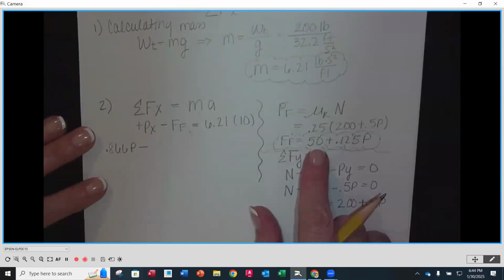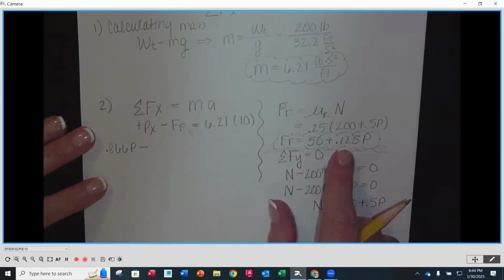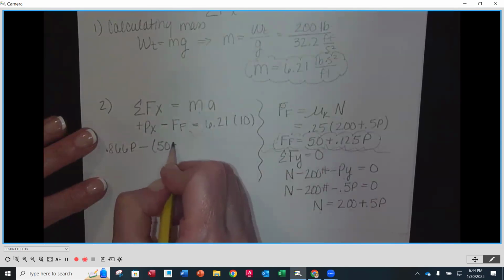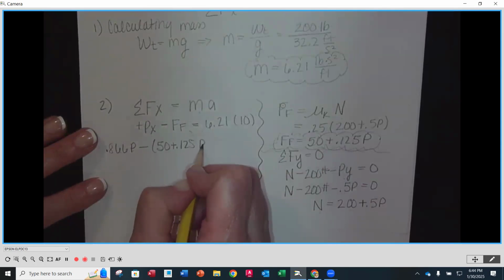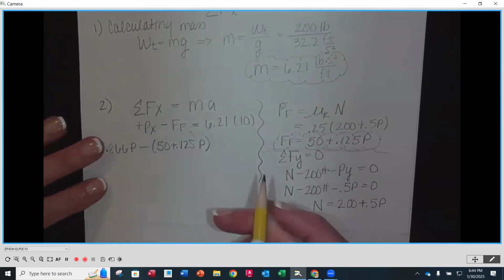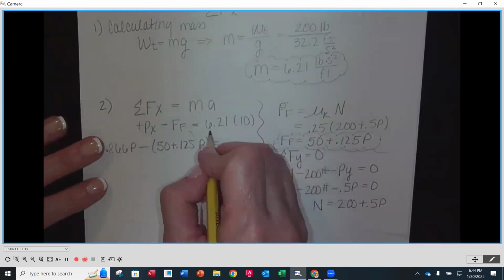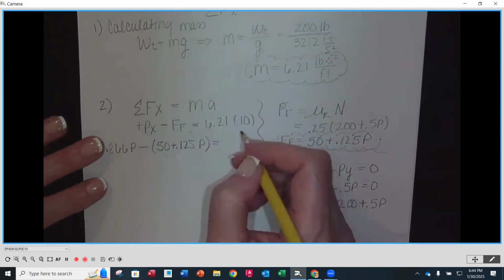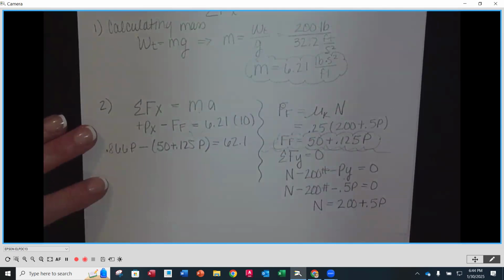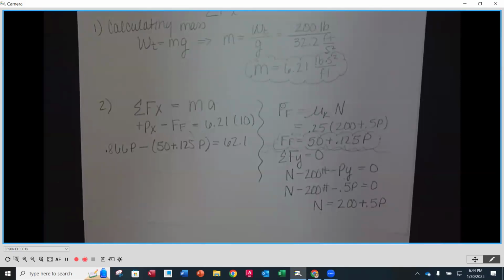So that means when I put my 50 plus 0.125P, the negative is out front, so we'll have to distribute that, is equal to 6.21 times 10 is 62.1. Okay. Now, this is a good thing because notice we only have one unknown. So it looks like we'll be able to solve this for P, doesn't it?